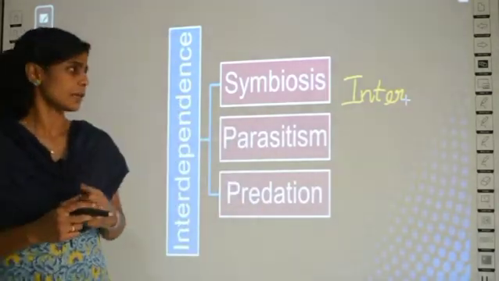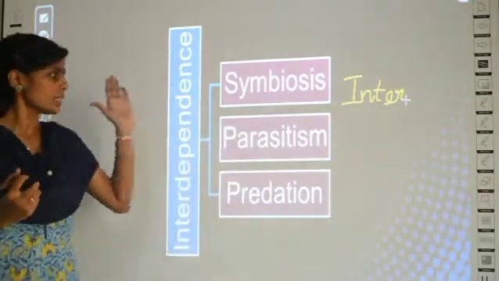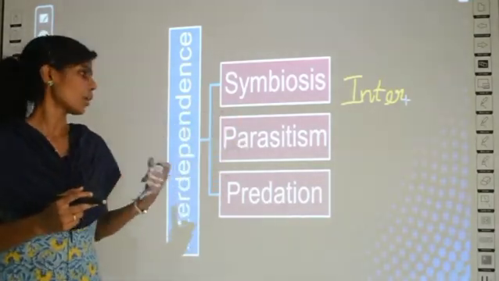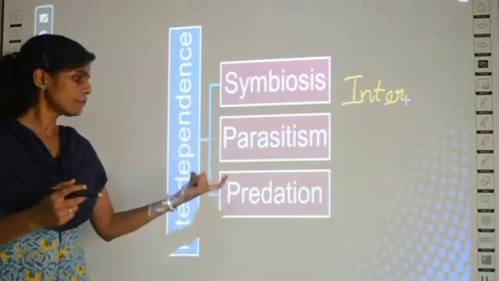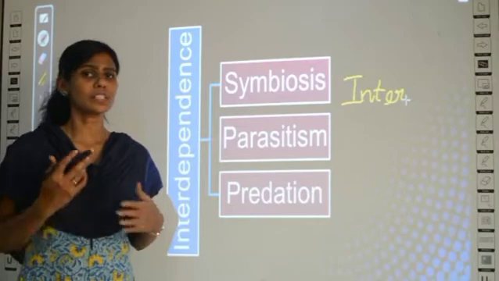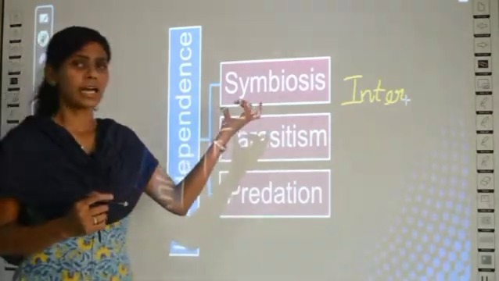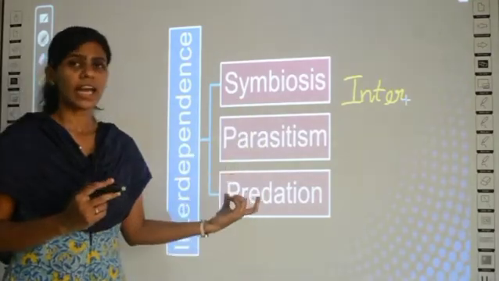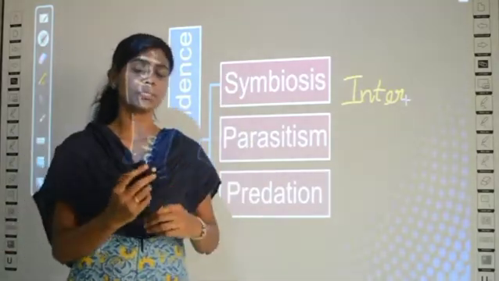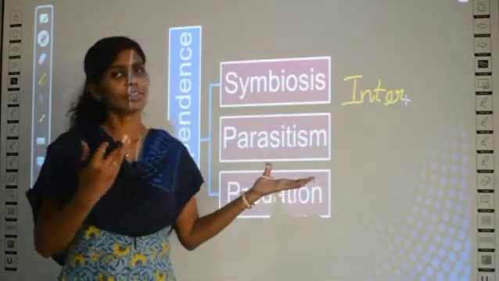We learn in detail. Before learning how they depend on each other, this interdependence is of three types called symbiosis, parasitism and predation. These terms may be new to you. Repeat the words 2 or 3 times so that you get familiar with these terms. In all these 3 types, it is a relationship between more than one organism, and these 3 also differ from each other.